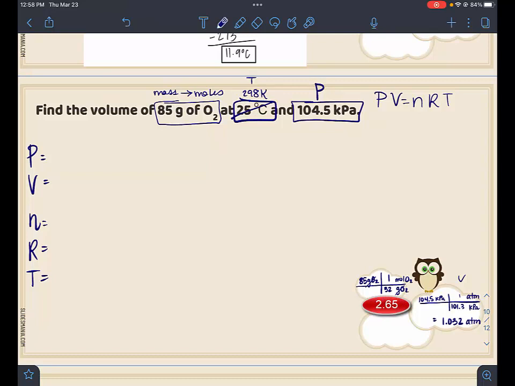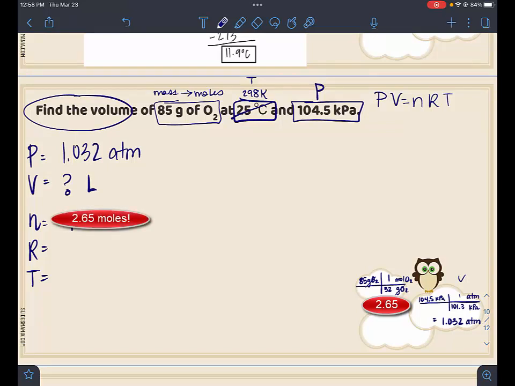All right, so the pressure in atmospheres was 1.032. The volume, I don't know it because it says find the volume, so question mark liters. Number of moles, I solved for it, it was 4.0 moles. R is 0.0821 liter atmospheres over mole Kelvin. And temperature is 298 Kelvin.